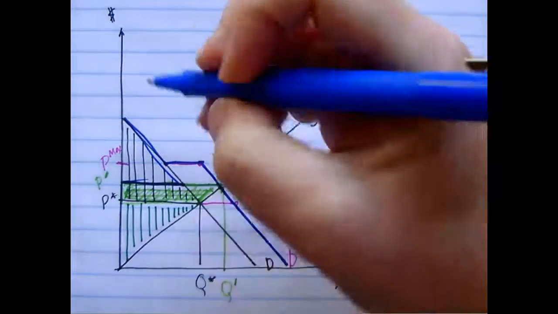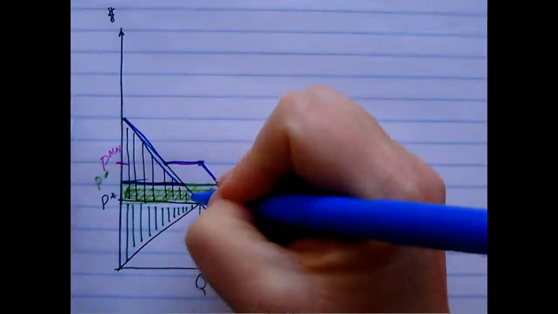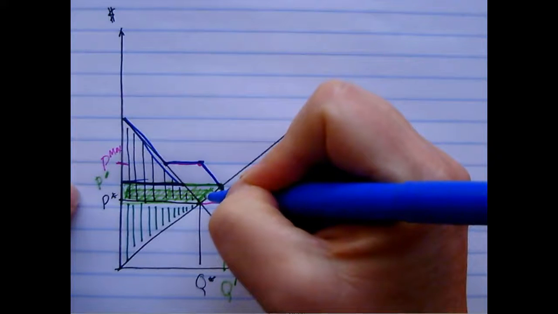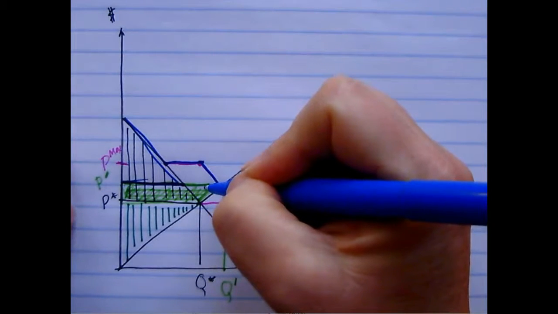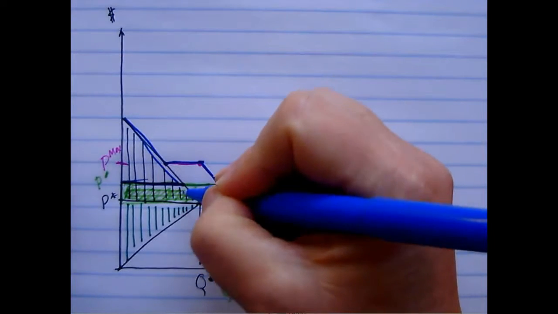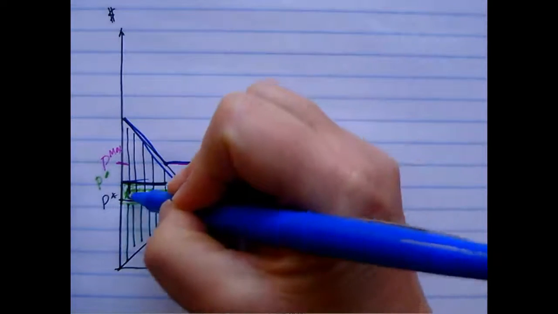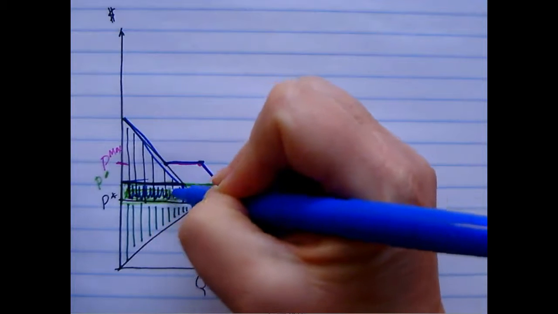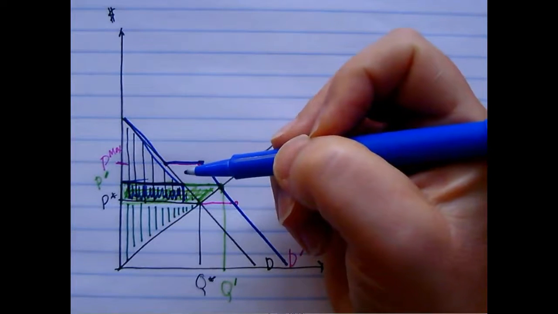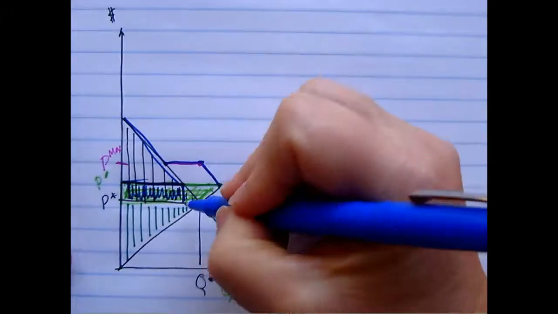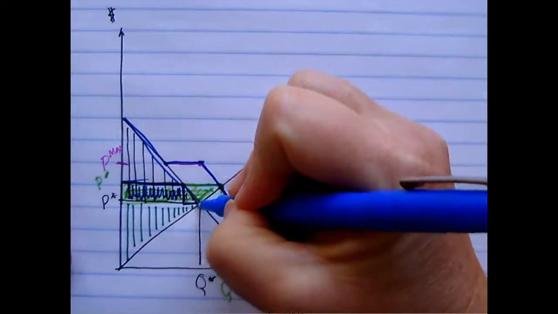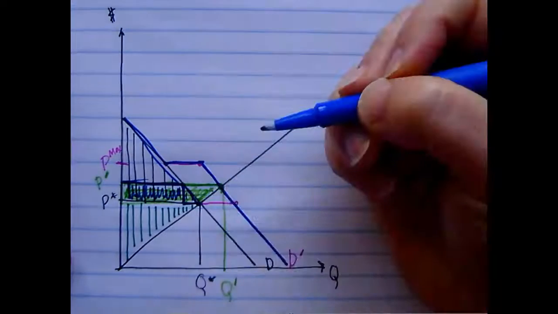And so what we have is that this green area that is really going to the producers, some of it is coming from the former consumers. So the former consumers, the guys that are still in the market, they've all lost this. It's been transferred explicitly to the producers. And then they've also lost this area because they're not purchasing that, okay?